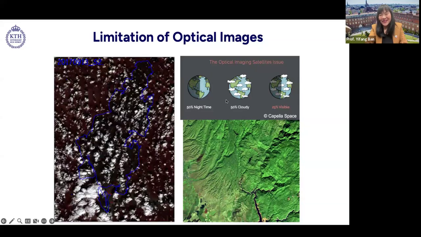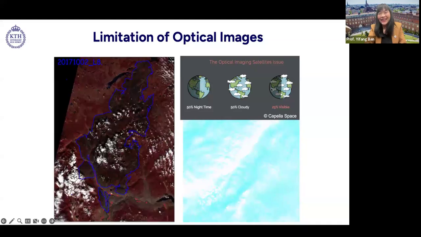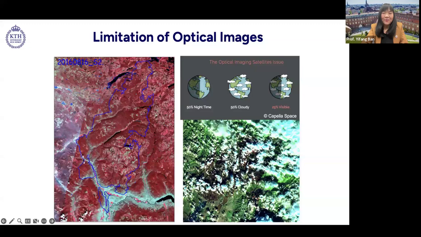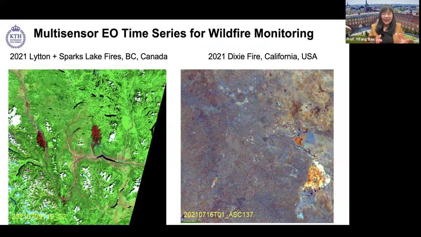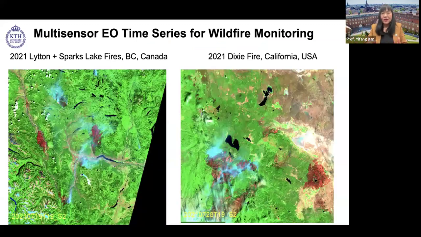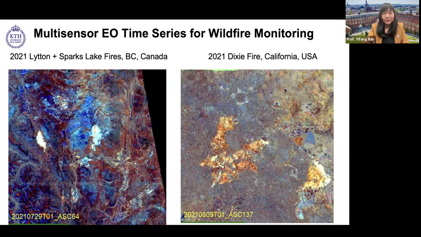So here is an example. You have nighttime, you have 50% cloudy, then you don't have a lot of detections. So SAR can play a very important role. So here I just put optical data and SAR data together, and then you can really achieve near real time using higher resolution datasets.